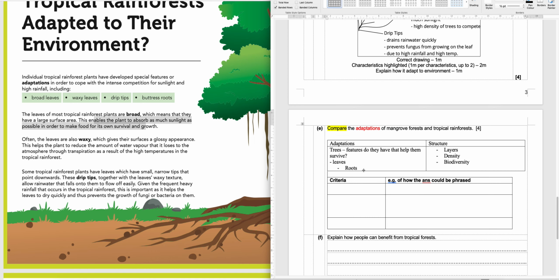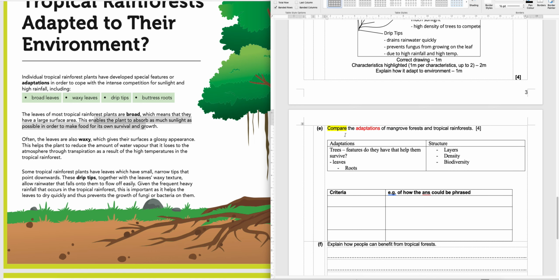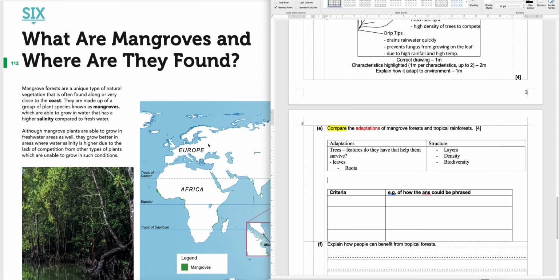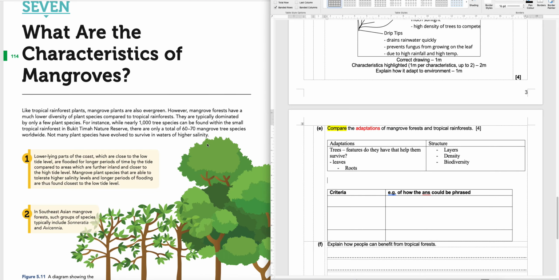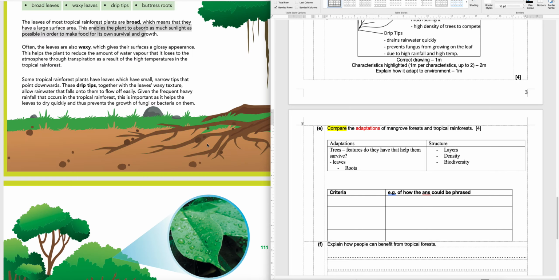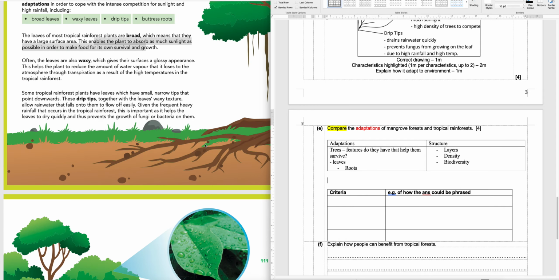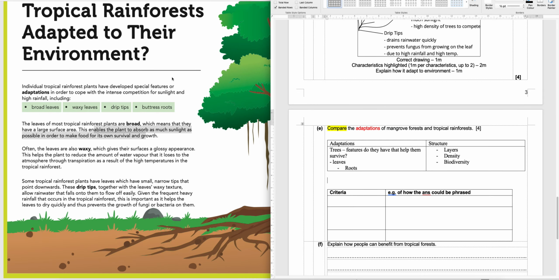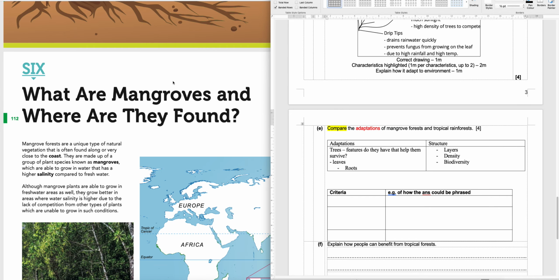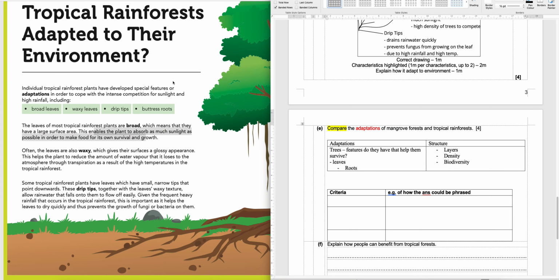Okay, so what are the adaptations of both forests? Alright, well, if you look at your textbook, page 110 to 111, there are 4 adaptations over there. Okay, so for tropical rainforest, let me just put it on a table.